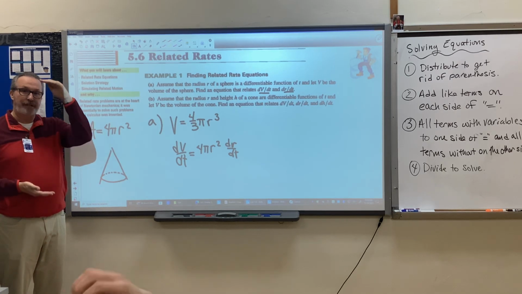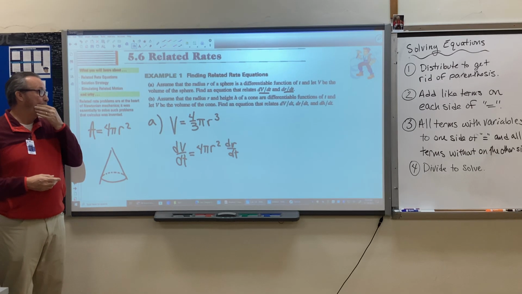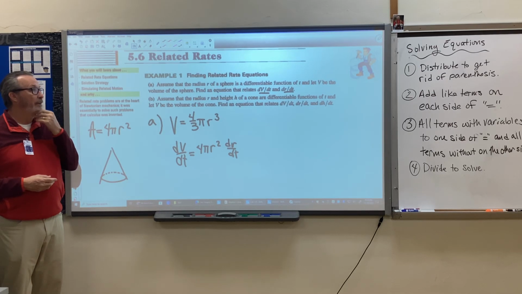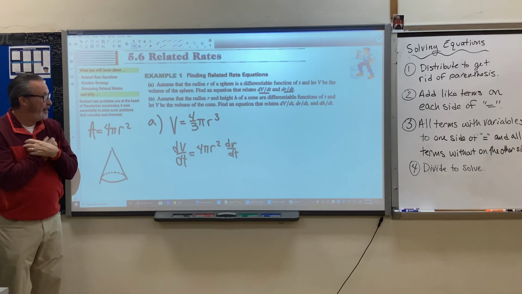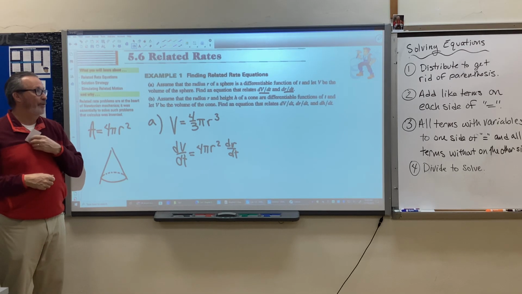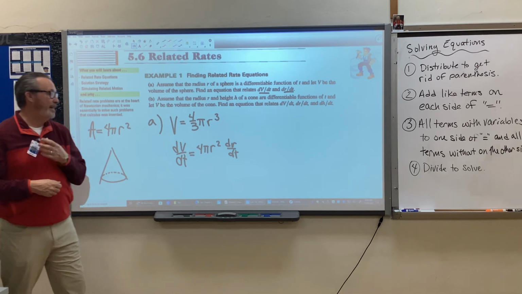The height is changing, and maybe the radius is changing. The radius and height, r and h, are differentiable functions of time. And V is the volume of the cone. Find the equation that relates dV/dt, dr/dt, and dh/dt.